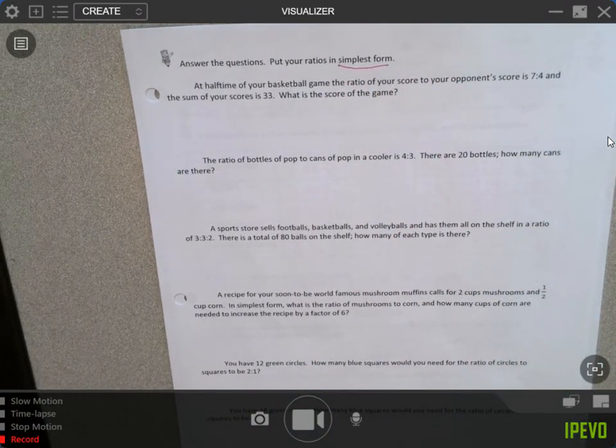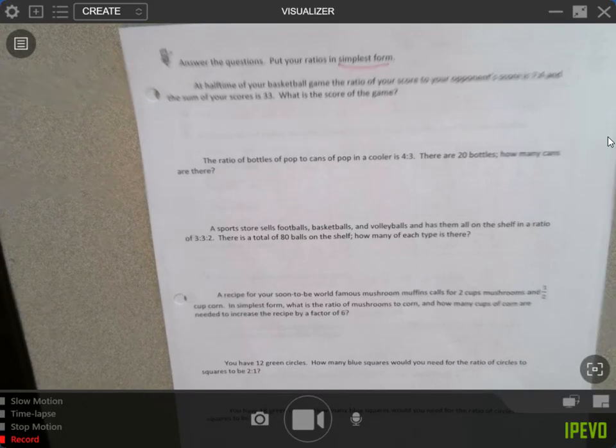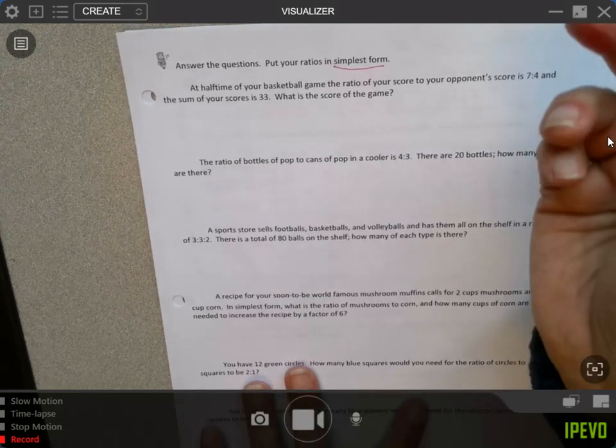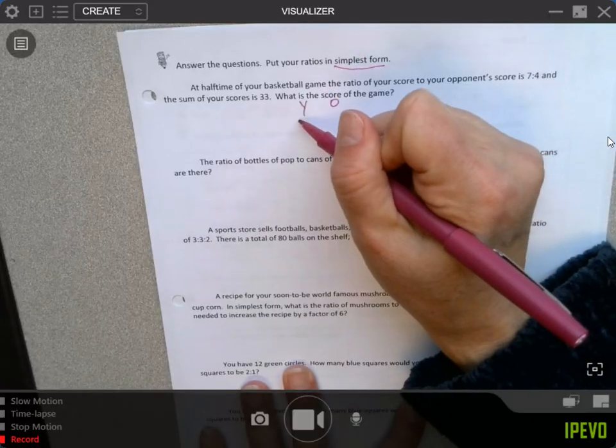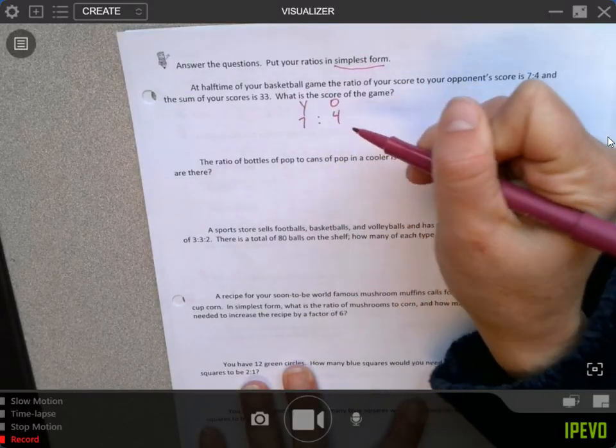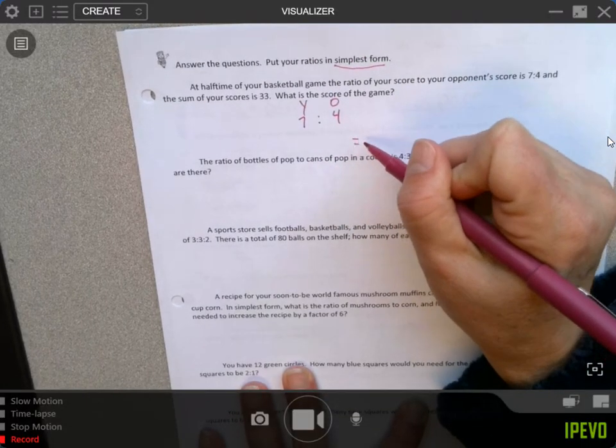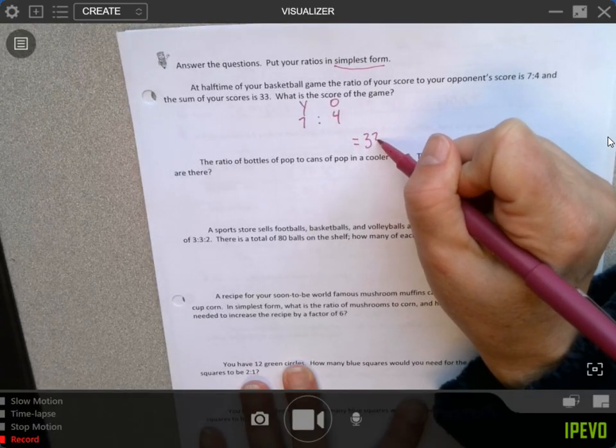So at halftime of your basketball game, the ratio of your score to your opponent's score is 7-4, and the sum of your scores is 33. What is the score of the game? So again, your score to your opponent's 7-4, and it has to equal 33.